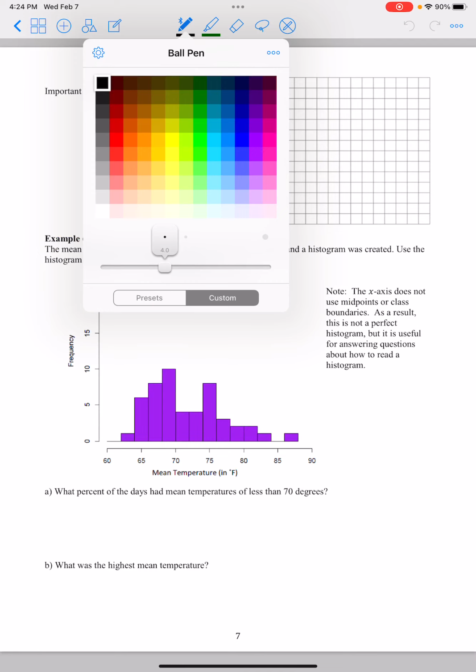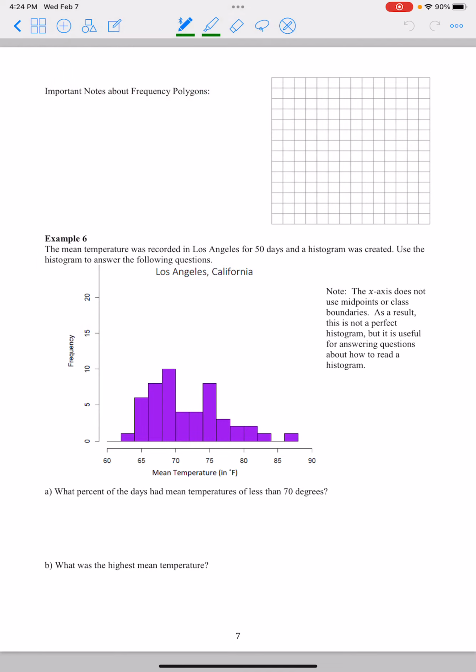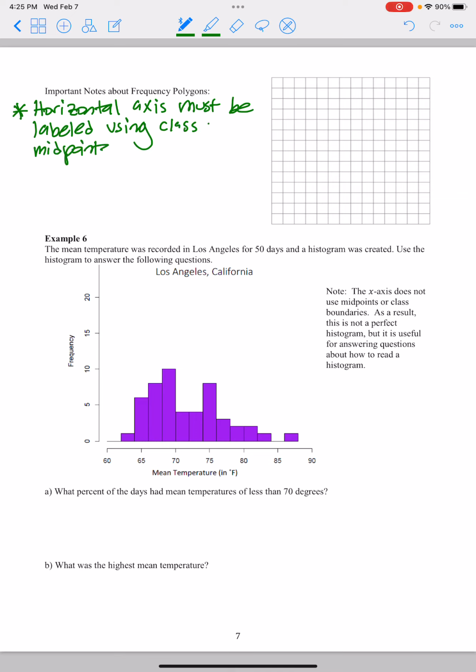So on the next page, we have our frequency polygon and some important notes about it. The first one is that the horizontal axis must be labeled using class midpoints. And this is a polygon.